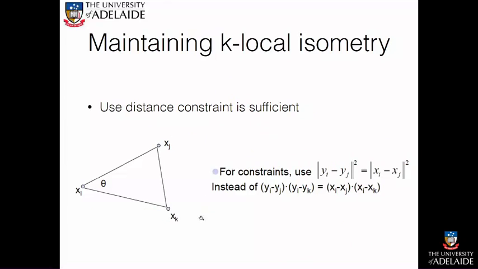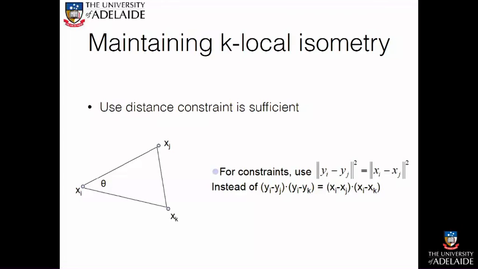Okay, so mathematically, we want the local Euclidean distance of the connected data points, which means these two data points are neighbors, in the embedded space to be the same as the original distance.